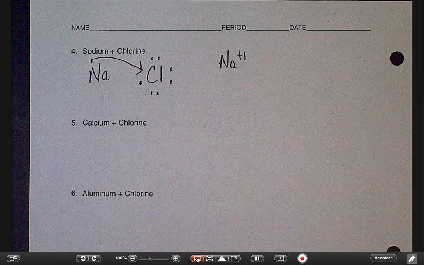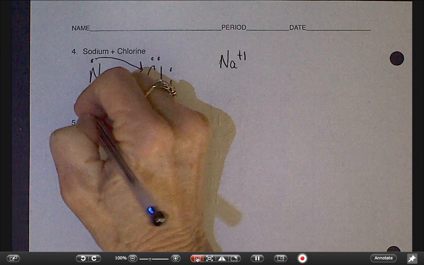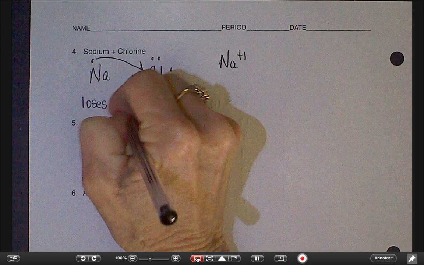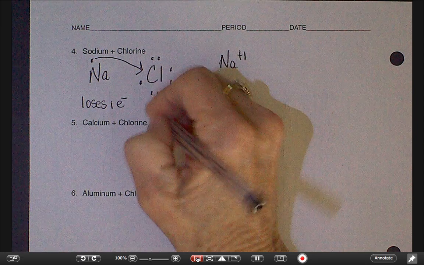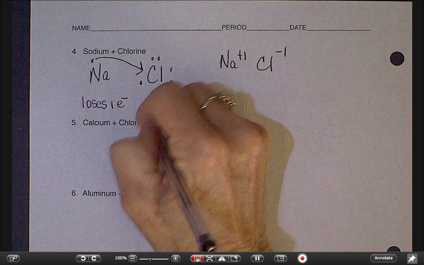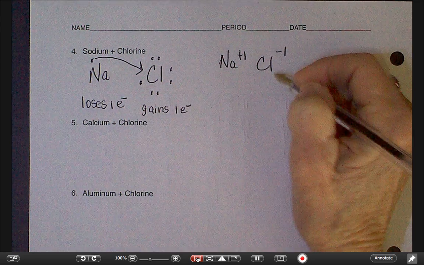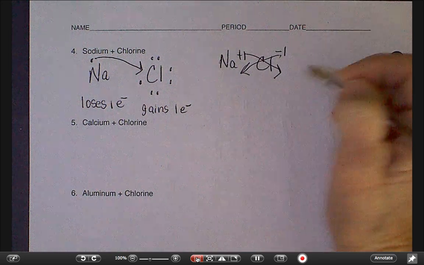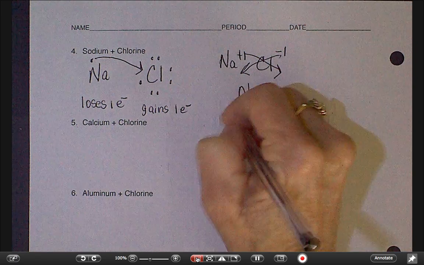Because sodium does what with its electron? It loses, so it has a positive charge. Which always leaves a positive charge. Okay, and chlorine is what? Negative 1. Why? Because it gains electrons. Okay, crisscross applesauce, 1, 1. We don't write ones. What's the formula? NaCl. Sodium chloride.